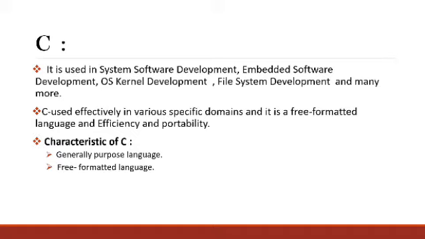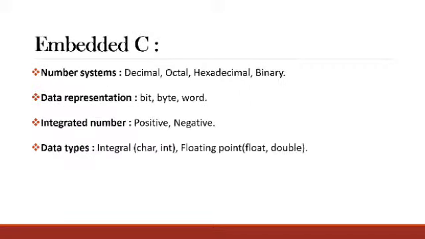Now we are going to see the embedded C. Embedded C has number systems, data representation, integer numbers, and data types. In number systems, there are decimal, octal, hexadecimal, and binary. Decimal has values from 0 to 9. Octal has values from 0 to 7.